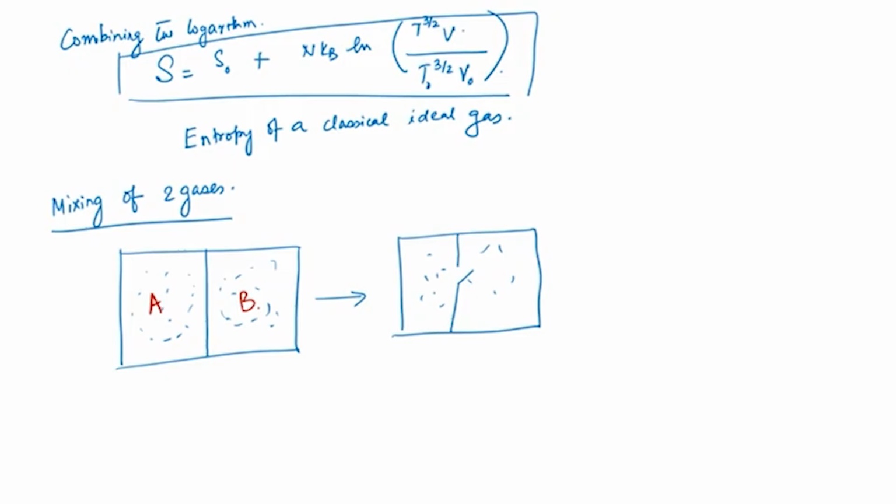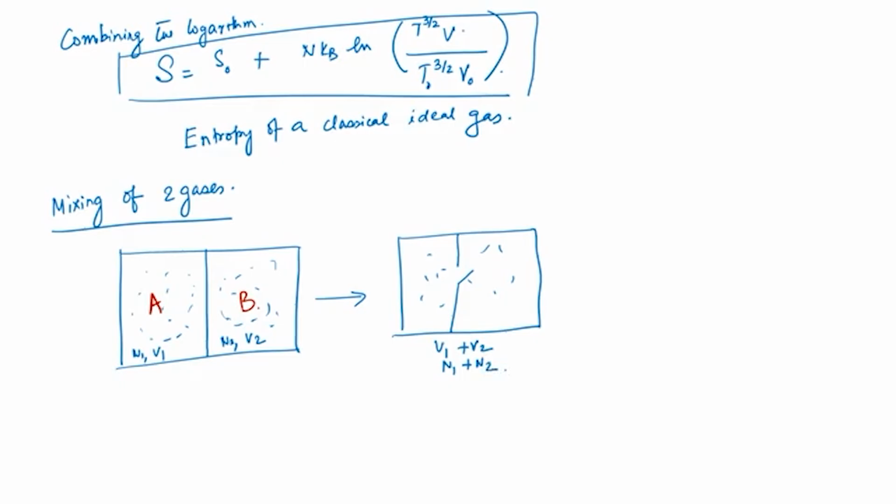So, what will happen is that now you have the total volume available. This had, say for example, V1 and this had V2, and the number of particles being N1 and N2, and now the composite system will have a volume which is V1 plus V2 and the number of particles being N1 plus N2.